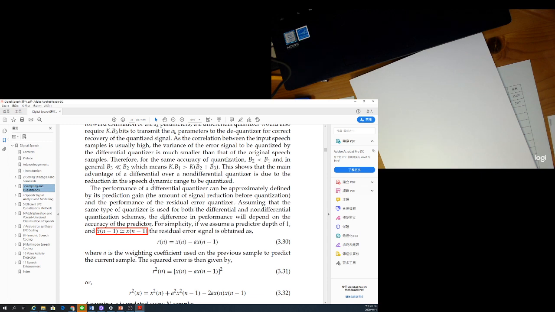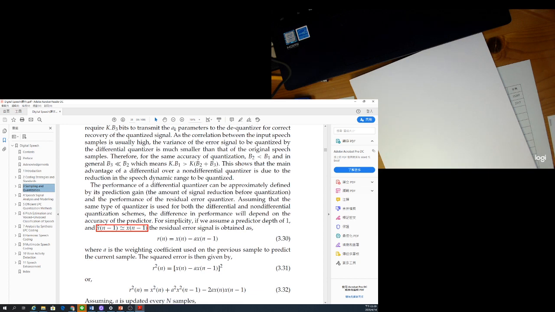You can see here they try to do some formulation and derivation, and they try to simplify. So we are not using P, the previous P signals. We just consider the previous signal to do the prediction.